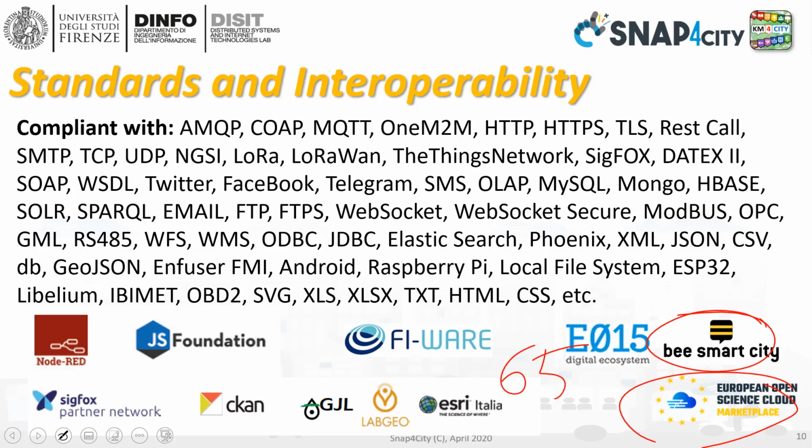It is compliant with Sigfox, it is compliant with CKAN, and we have an agreement as University of Florence with ESRI, passing through the LabGeo in GIL of the University of Florence with an integrated lab.